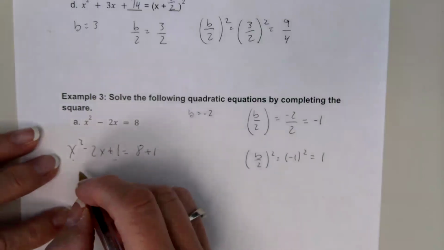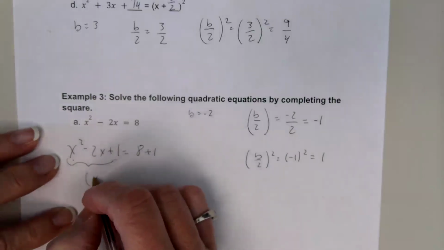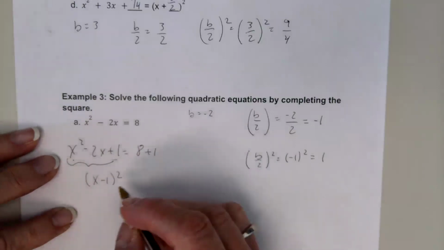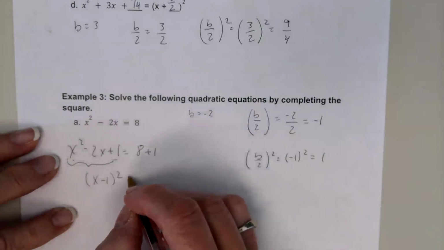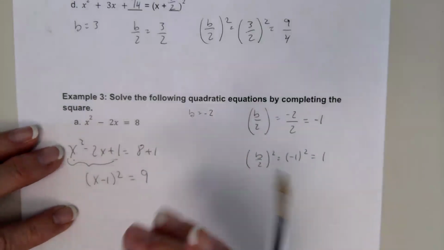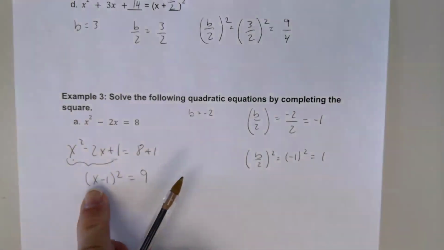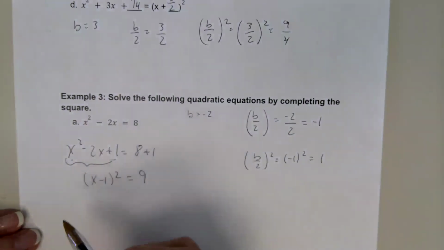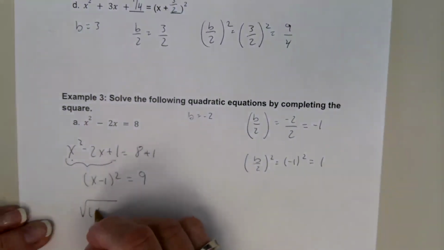So now the left-hand side factors into this perfect square, x minus 1 times x minus 1 equals 9. And now I have something squared equals a positive number. So I can take the square root of both sides.